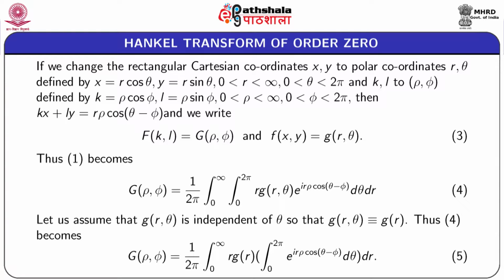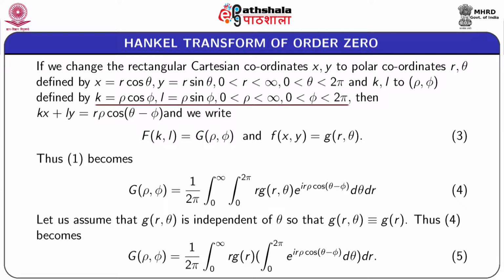Now, if we change the rectangular Cartesian coordinate system x, y to polar coordinates r, theta defined by x equal to r cos theta, y equal to r sin theta, where theta lies in the interval 0 to 2 pi and r lies in the interval 0 to infinity, and we also change k, l to polar coordinates rho, phi defined by k equal to rho cos phi, l equal to rho sin phi.